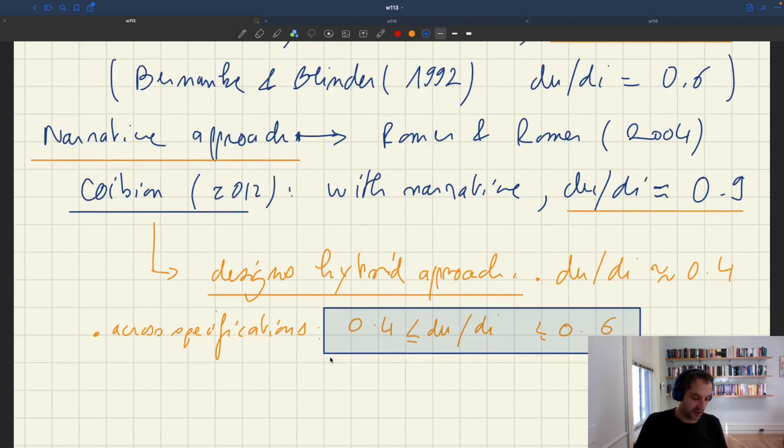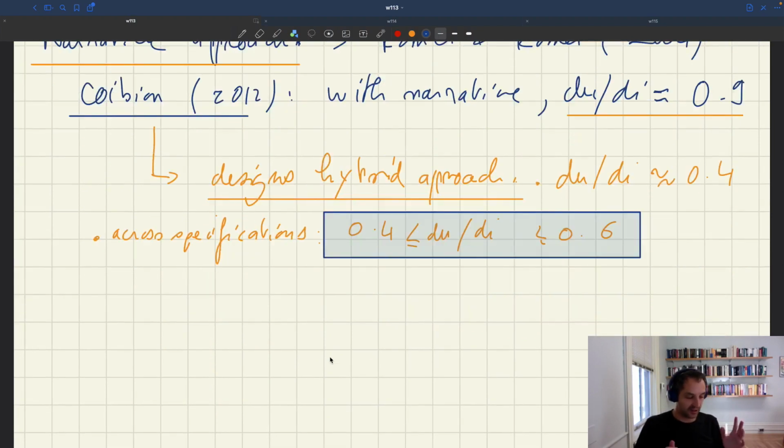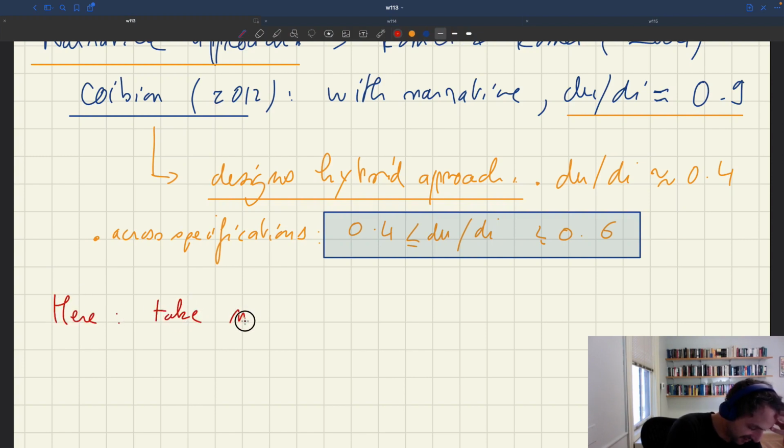And so it's good to know that range. In the application that we're going to do, we are going to use the midpoint of that range as a value for the monetary multiplier, which I think is fairly reasonable. So here we take the midpoint estimate, which is something that we often do when we have a range of estimates for the sufficient statistic.